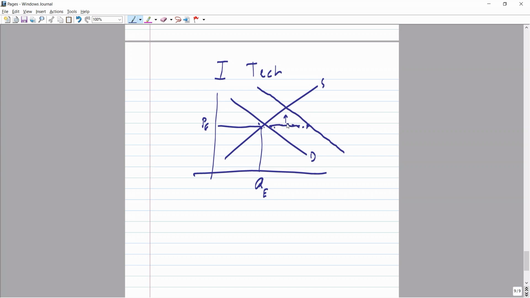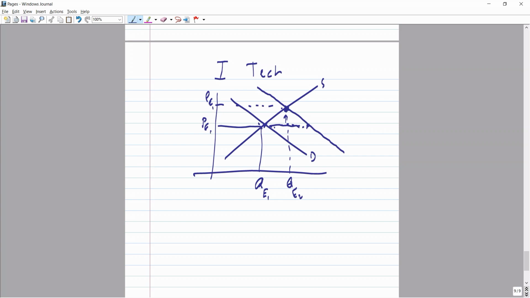Because of this interaction, we will reach a new level of equilibrium. As you see, QE2 is greater than QE1, which means more quantity is now in the market, but at higher prices. The new equilibrium is greater than the older equilibrium, which is PE1.